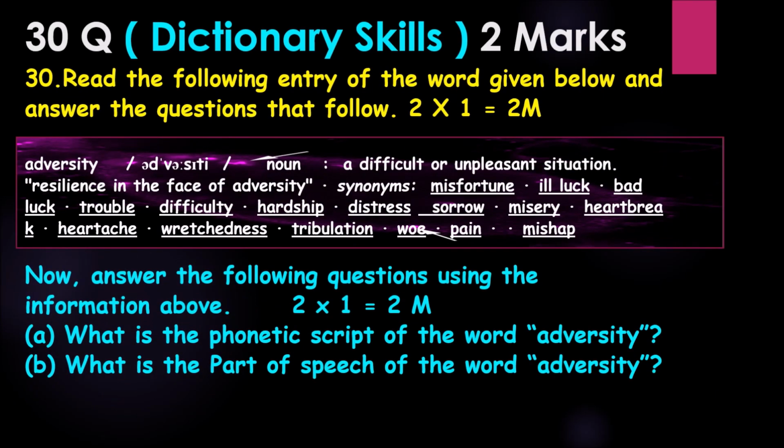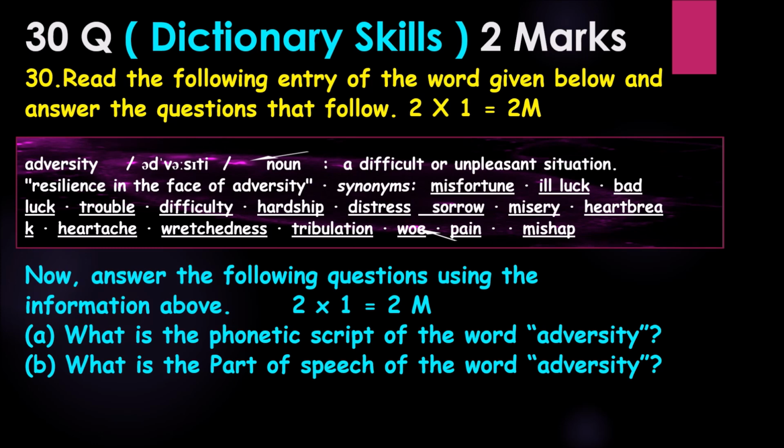Now question number 30 is all about dictionary skills. You will have different types of questions. Read the following dictionary entry of the word given below and answer the questions that follow. The word is adversity. The word which we have in the slants is called phonetic transcription.